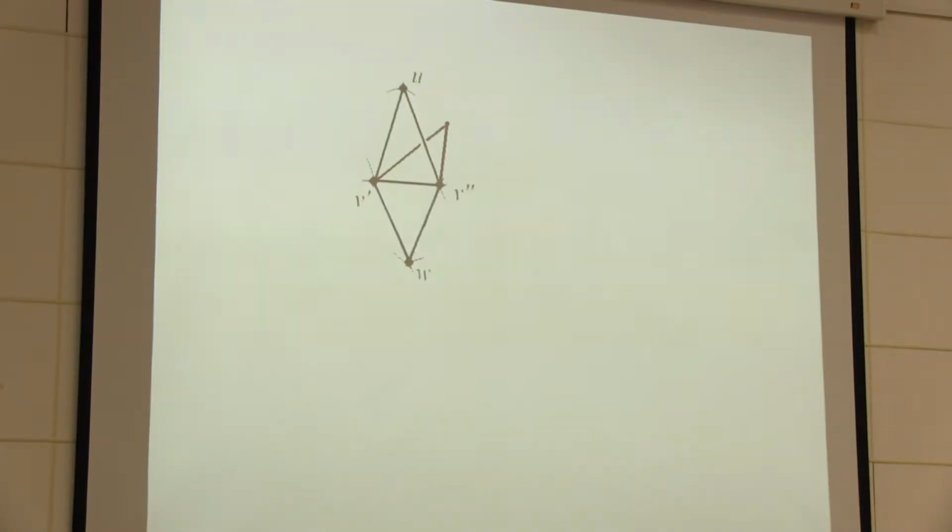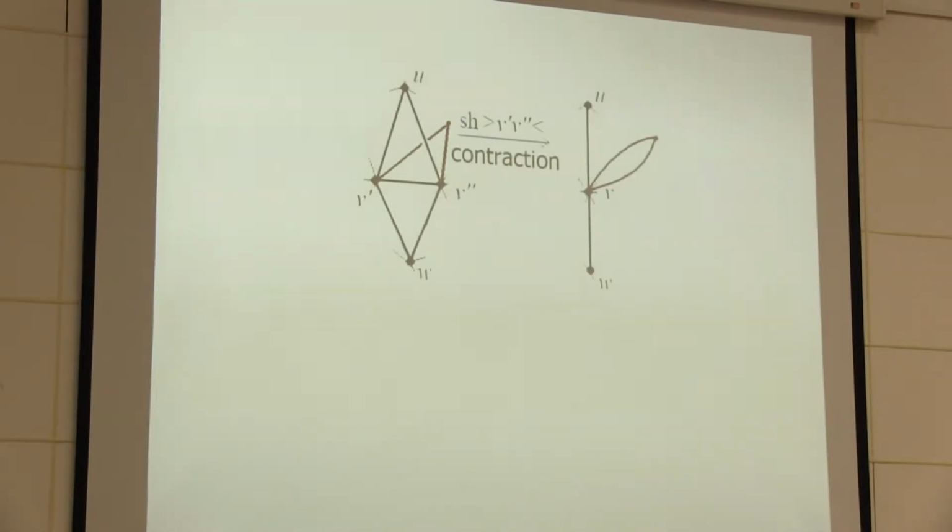The red cycle doesn't bound any face, so we call it non-facial. A non-facial cycle of three edges, or of length 3, is a cycle of length 3 that doesn't bound any face. Suppose that we want to shrink the edge V prime V double prime, and see what will happen. Multiple edges occur, or parallel edges.